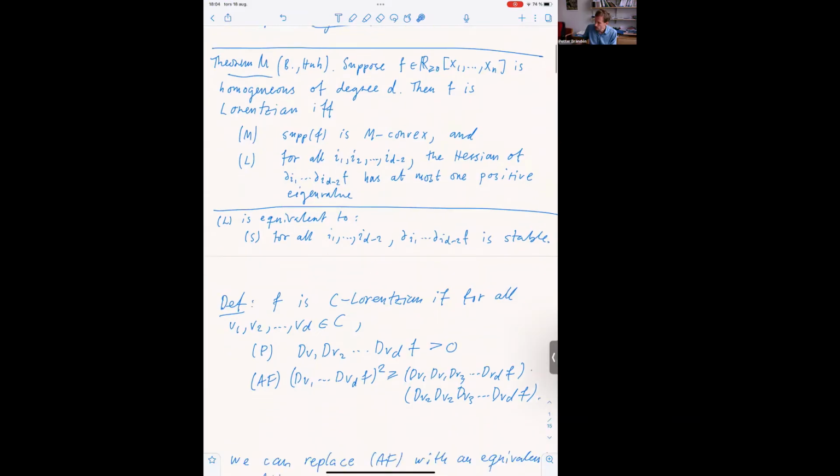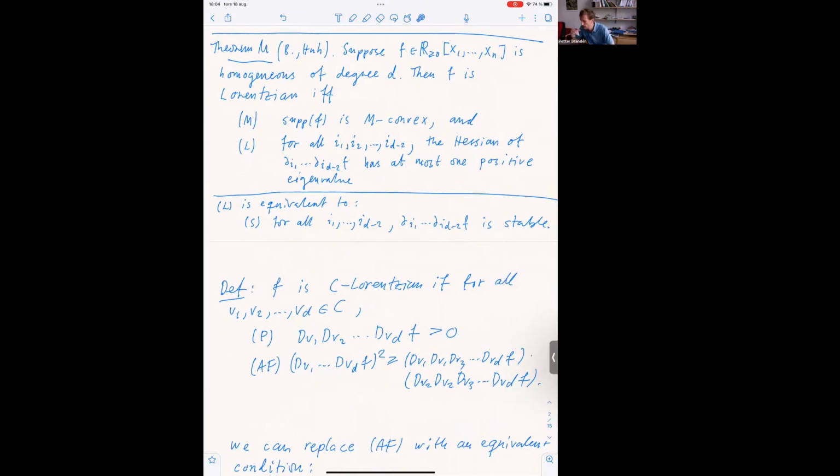But we were trying to prove this theorem by Brändén and myself, namely that if we have a homogeneous degree d polynomial with non-negative coefficients, then this polynomial is Lorentzian if and only if these two conditions hold. The first condition is a combinatorial one, saying that the support of f is M-convex, which is usually easily checked. And the other one is having just one positive eigenvalue, but now we only have to check it for coordinate directions.